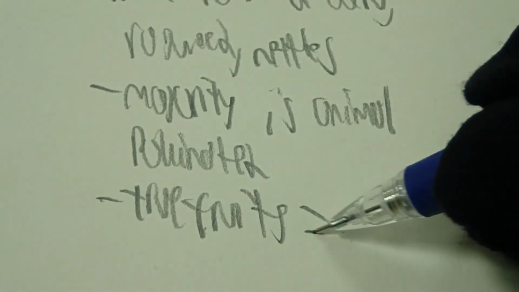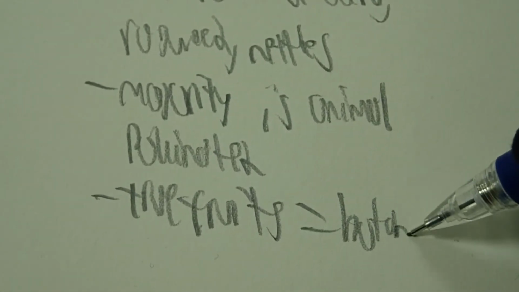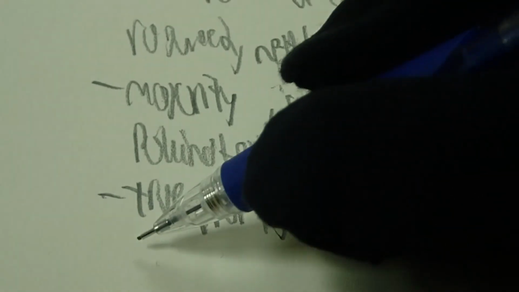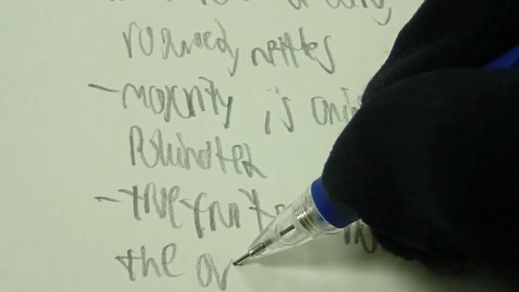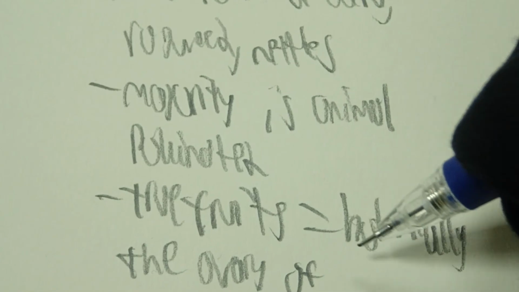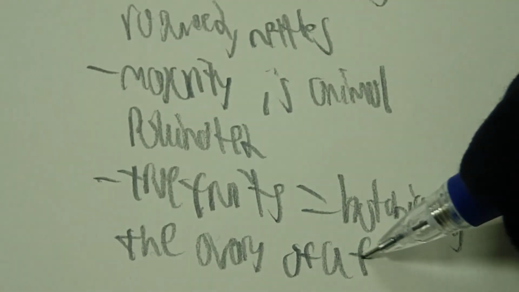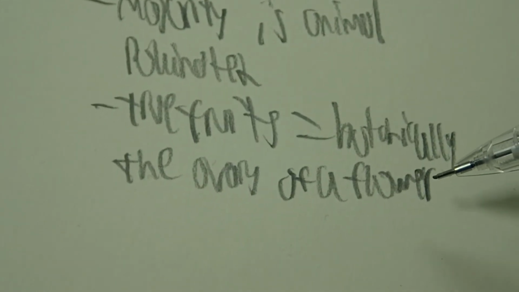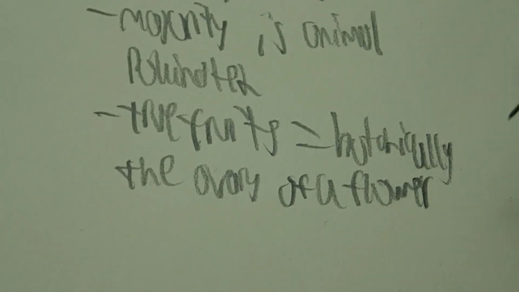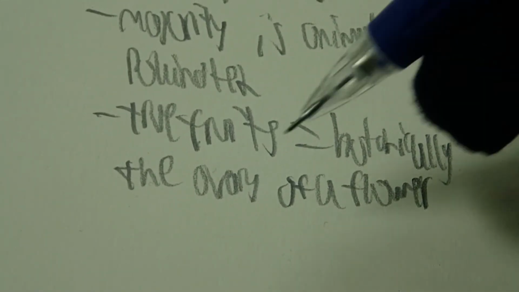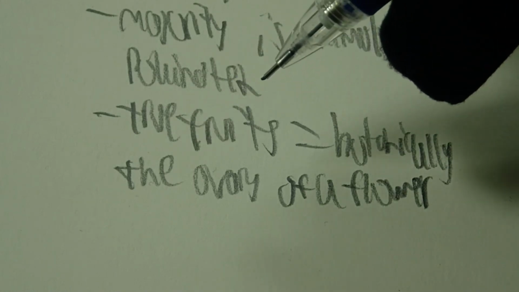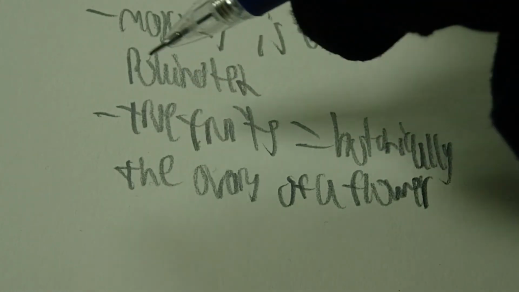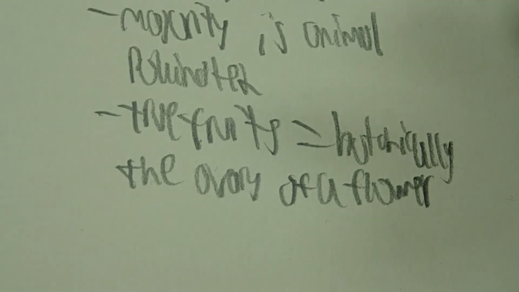and botanically this is the ovary of a flower. So, while we think of fruits as something sweet to eat, in nature this is not usually the case, and they can be dry and crumbly in many cases, or even explosive in others.